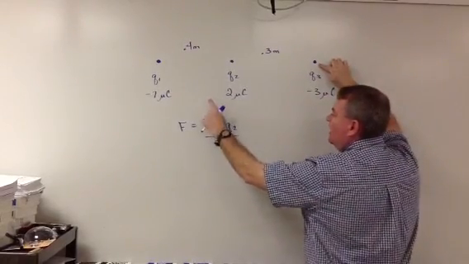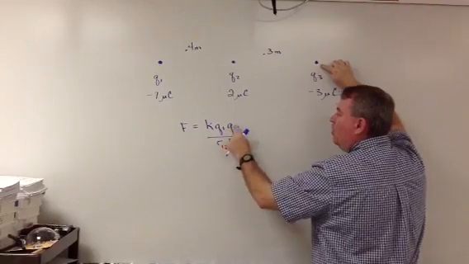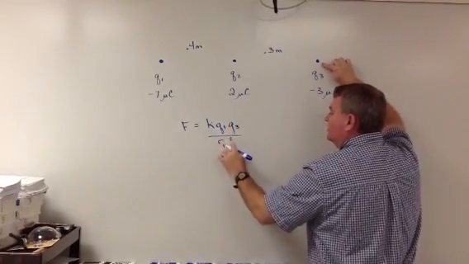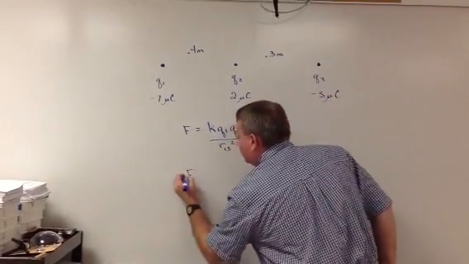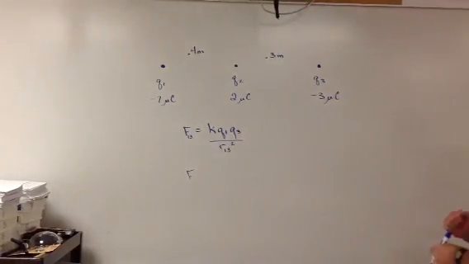So, let's look at changing this equation and saying particle 1 has a charge and particle 3 has a charge, and that's the distance between particles 1 and 3. And then that's the force of particle 1 on particle 3.